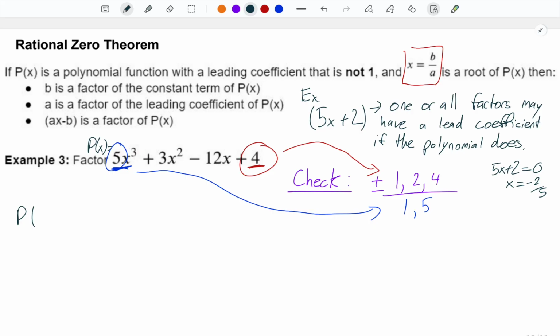So you could, in theory, check something like p of 1 over 5, p of 2 over 5, p of 4 over 5. Oh, I should write that out correctly. And their associated negatives, so on and so forth. But you don't have to start with that. You can still start with the simple cases.